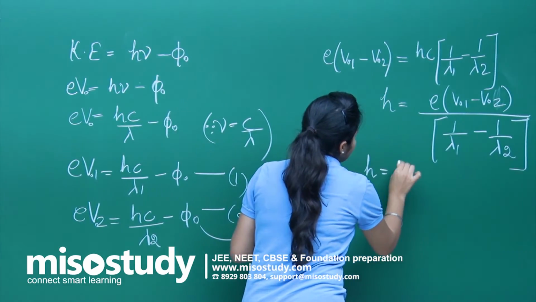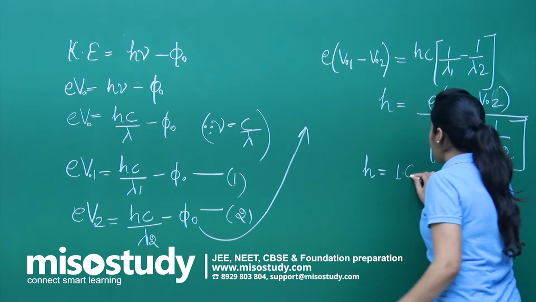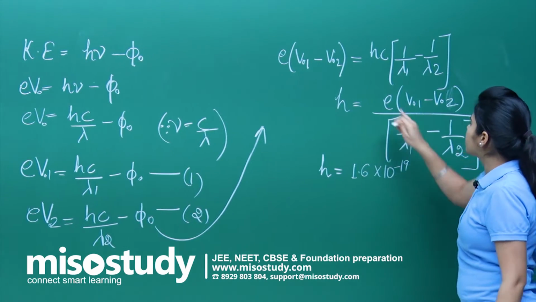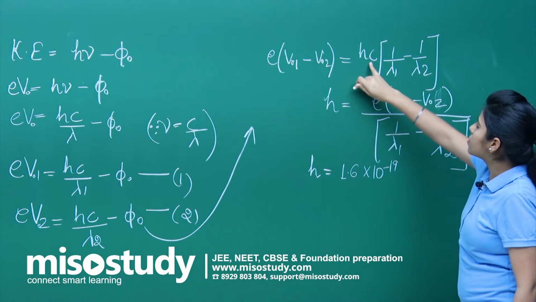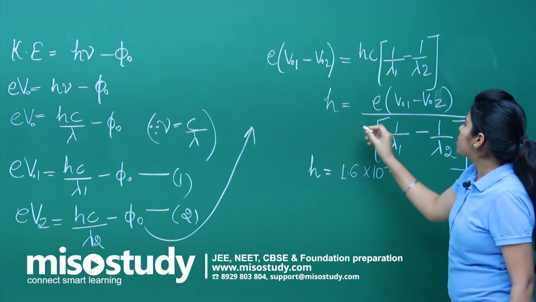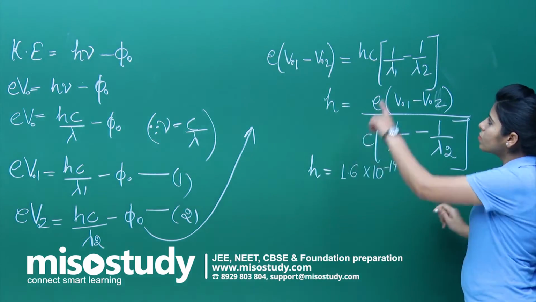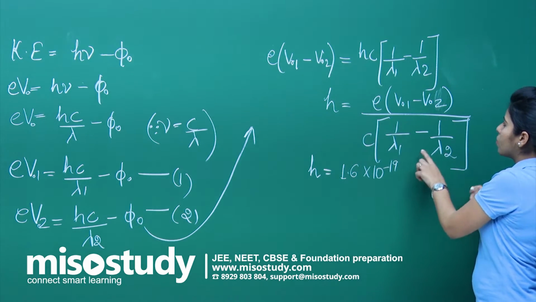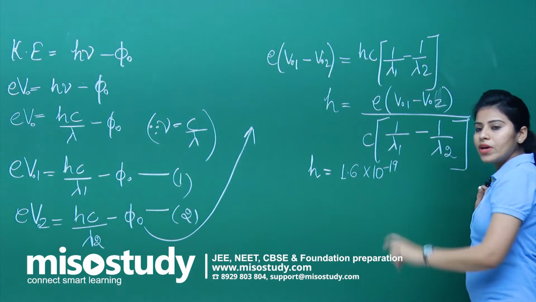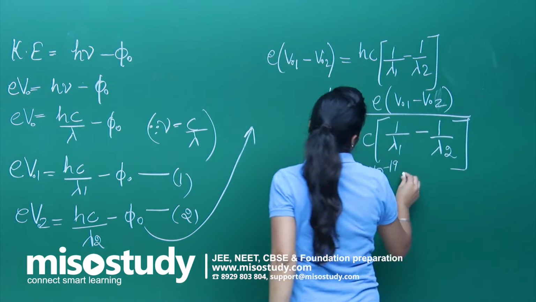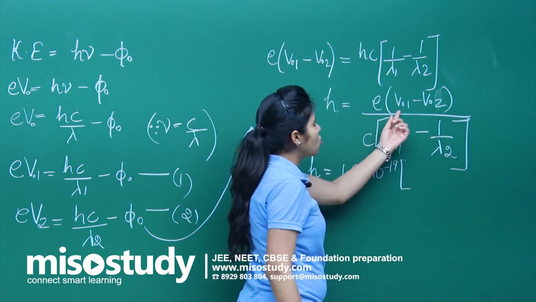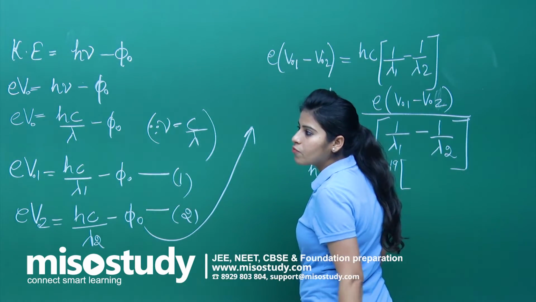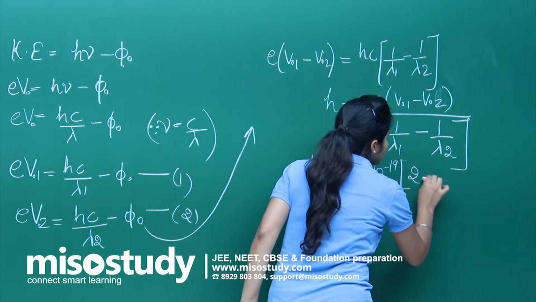So h will be equal to e, which is 1.6 into 10 raised to the power minus 19. Where has the c gone? It will be c here. h will be e by c times V01 minus V02 divided by the difference of reciprocal wavelengths. V01 minus V02, from the table, is 2 minus 1.